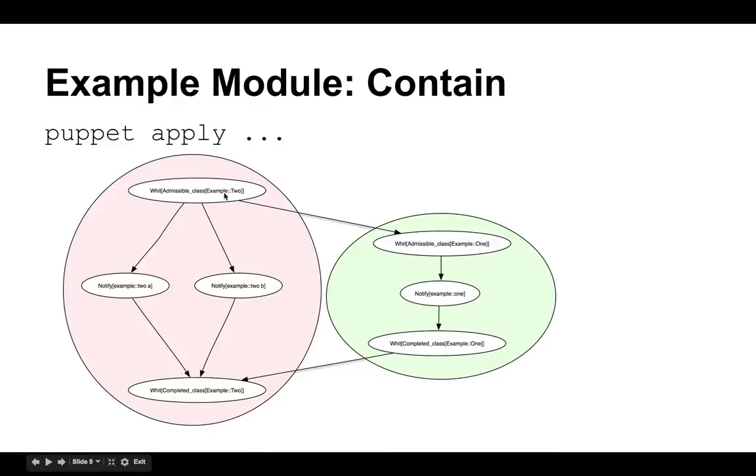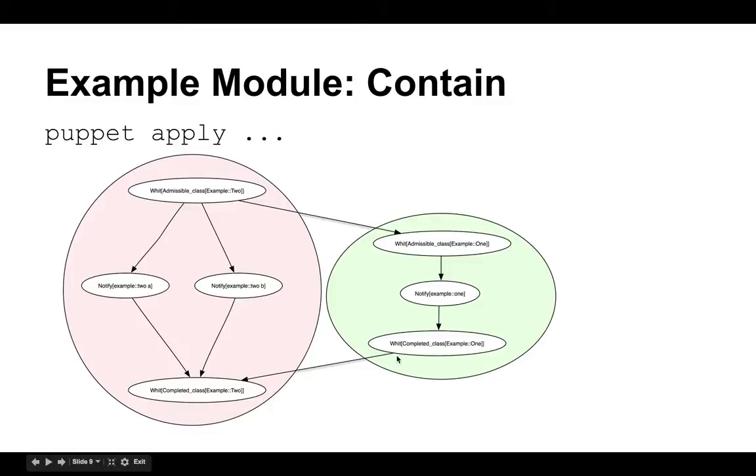First off, the beginning whit for your containing class is going to create an edge to the beginning whit of your contained class, and the ending whit of your containing class will have an edge as well. You can see the visual.